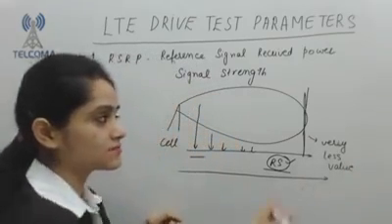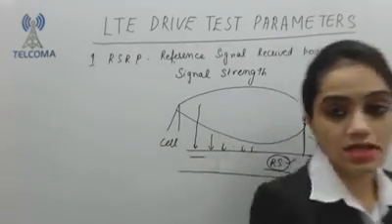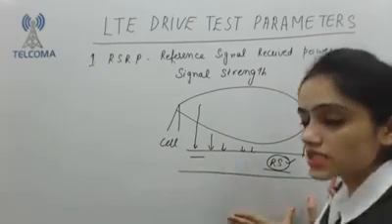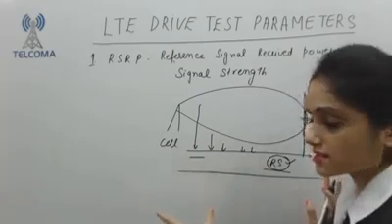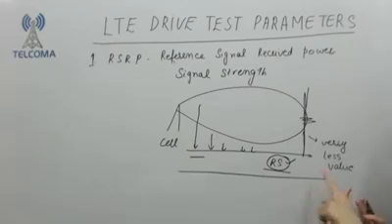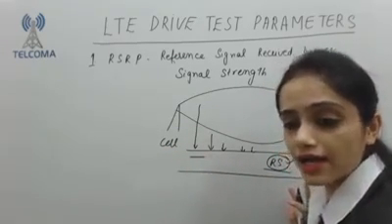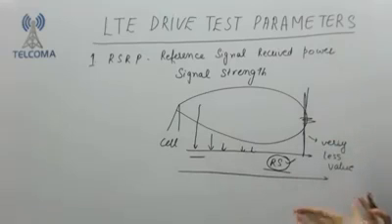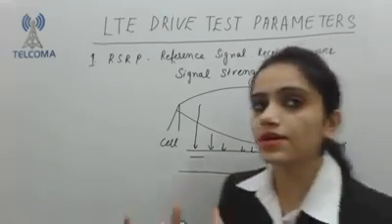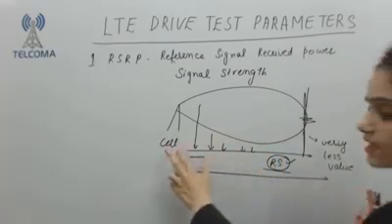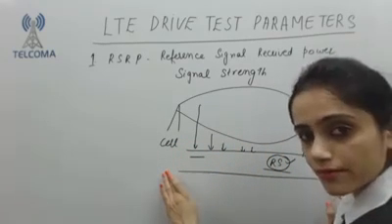That means at this area the strength of the reference signal I am receiving, the coverage area or power strength, is very less. So I am not able to communicate with this cell and I require a handover. The strength of the reference signal is not strong enough to latch on to this cell, so I will demand a handover.